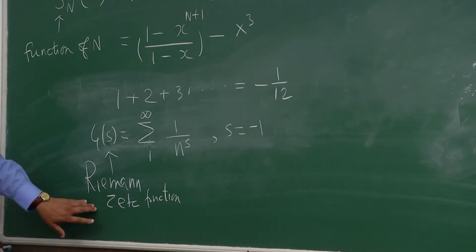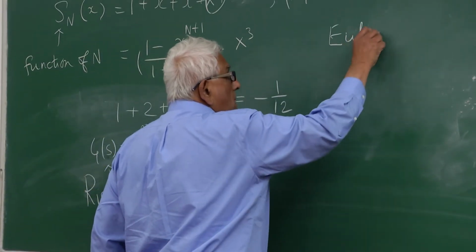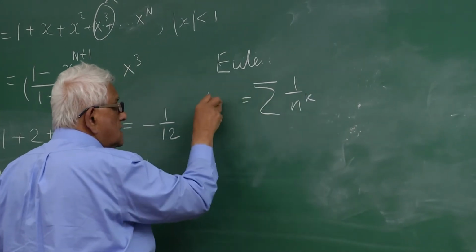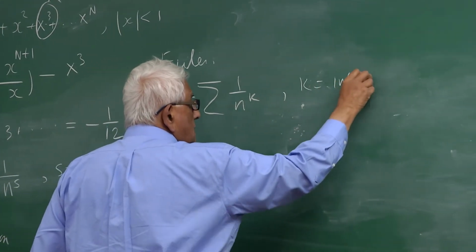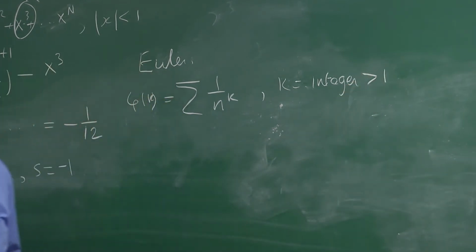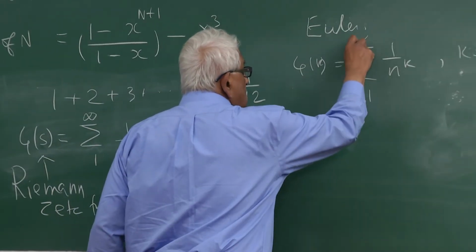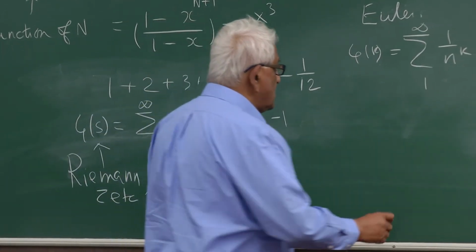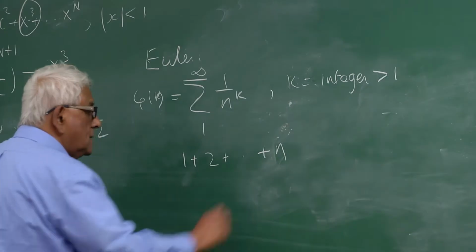Before Riemann, Euler had looked at the summation 1 upon n to the power of k, zeta of k, where k is an integer bigger than 1. Okay? The reason for Euler was, as a mathematician, he wanted to solve the problem of this kind. 1 plus 2 plus up to n, people knew how to sum.